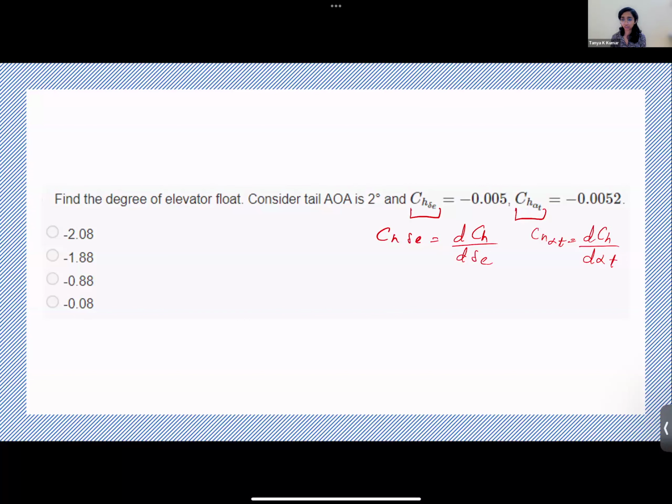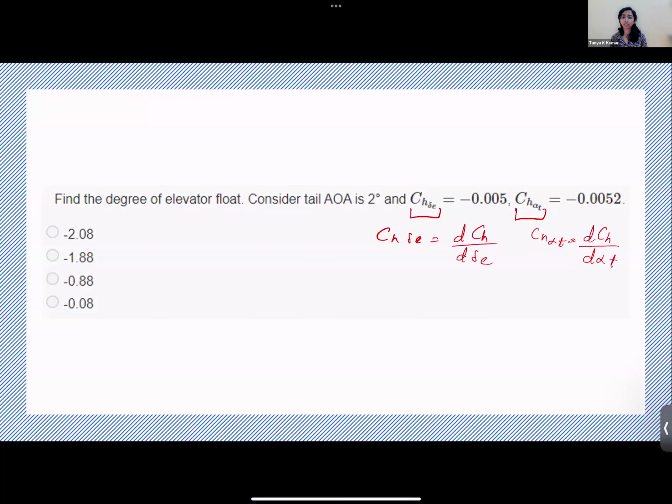What is CH? So it's the hinge moment coefficient, right?